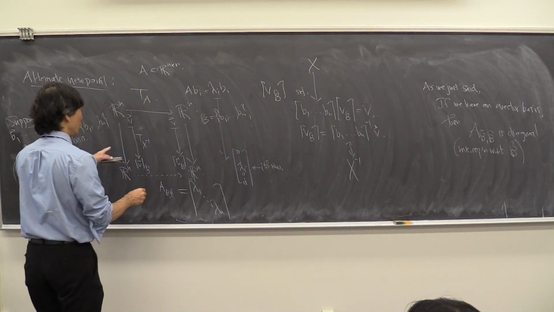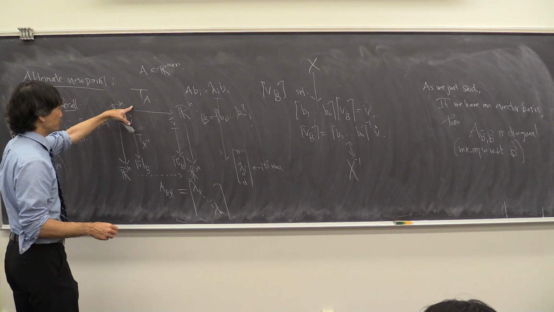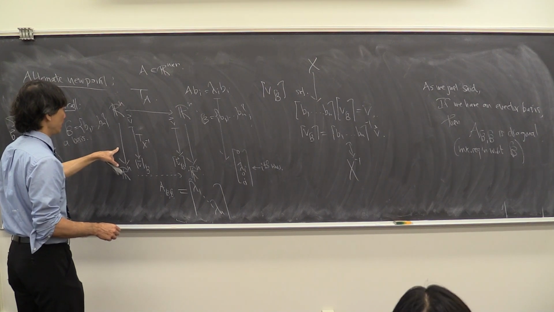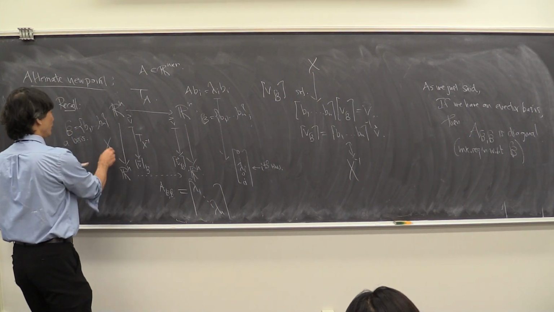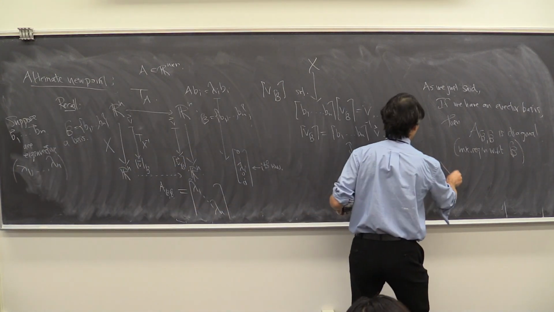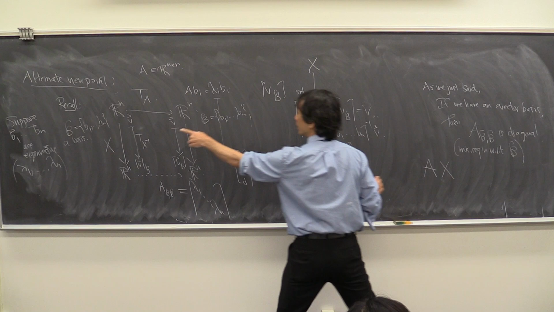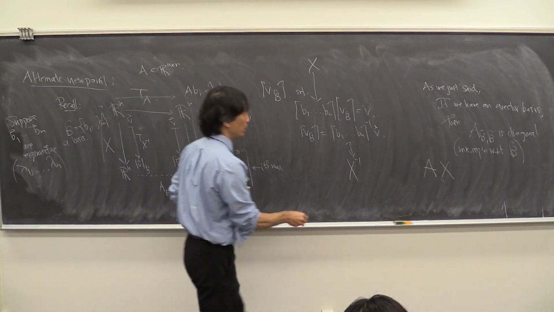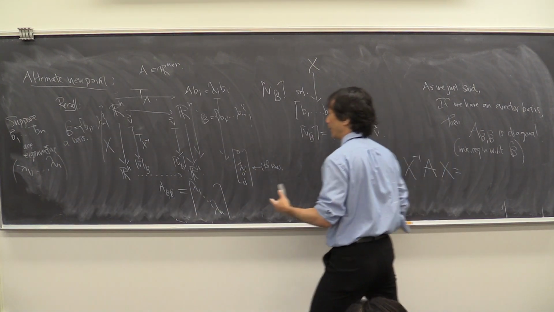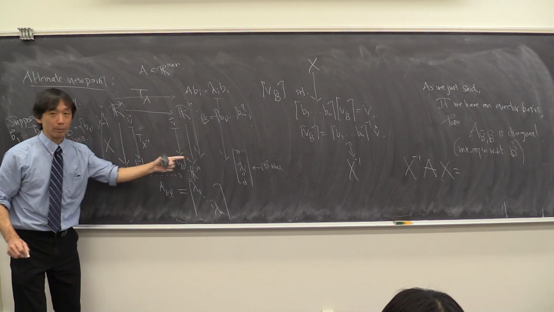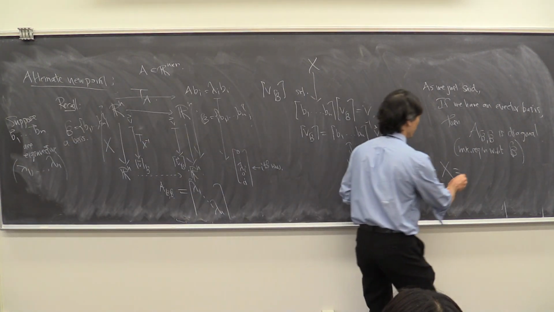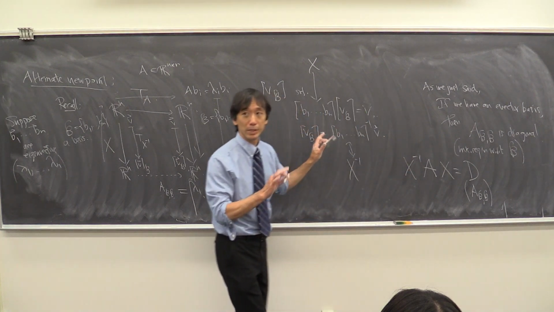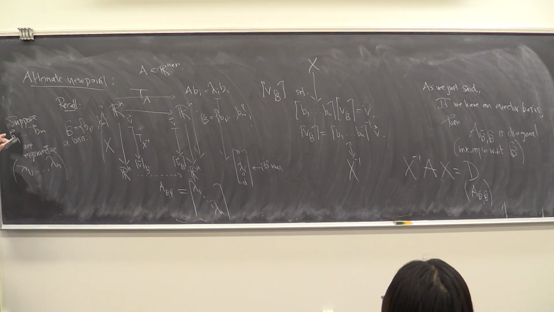And if we think about it, what that says is that if we go through X first, and then map through A, and then go through X inverse, that's the same thing as going through the diagonal matrix. So it's exactly the same thing.